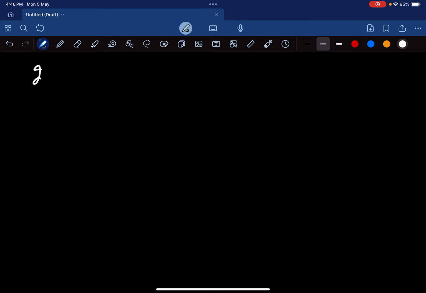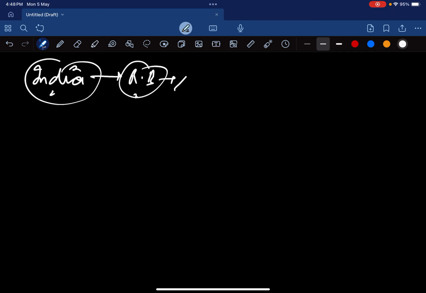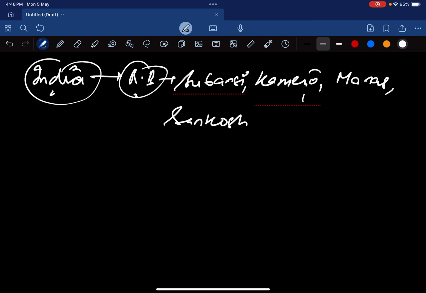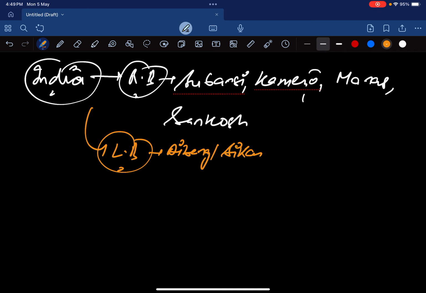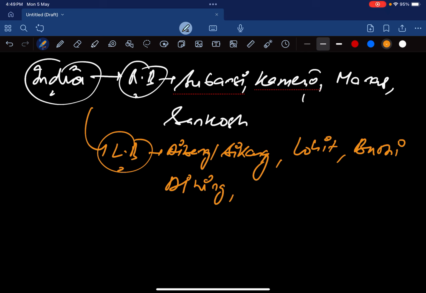If we talk about India, its right bank tributaries are Subansari, Kameng, Manas, and Sankosh, while its left bank tributaries are Dibang or Sikang, Lohit, Buri Dihing, and the Dhansiri.